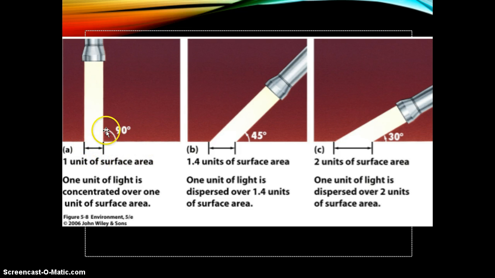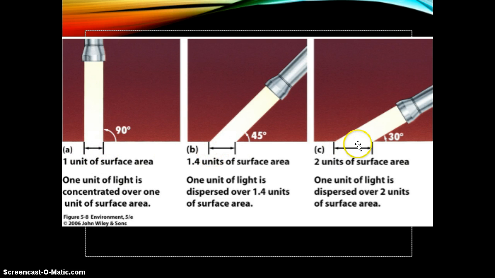When you start to angle that flashlight beam away from the surface, it actually covers more area. So the light reaches more places, but because it's spread over a greater area, no one part of this surface is getting as much light as this area was over here.